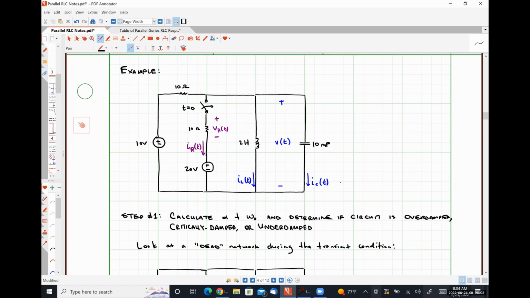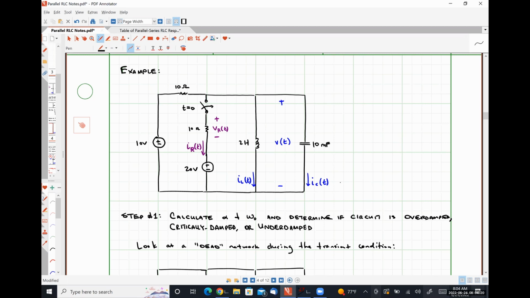Our ultimate goal here is to solve for the quantities VR of t and IR of t during the transient condition.